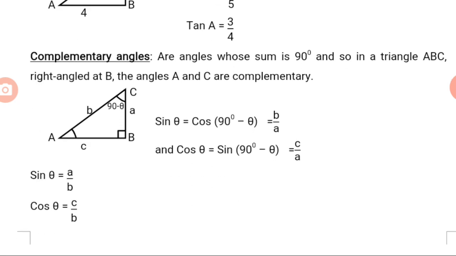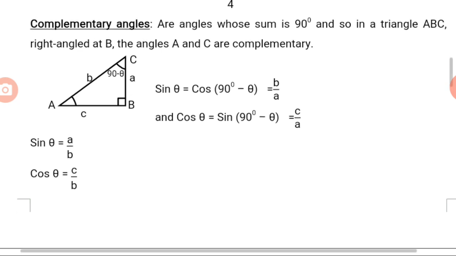Therefore, sin theta is small a all over b. That is side BC all over side what? Side AC. Then cos theta is equal to c all over b. Are we together? That is cah, that is adjacent all over hypotenuse.